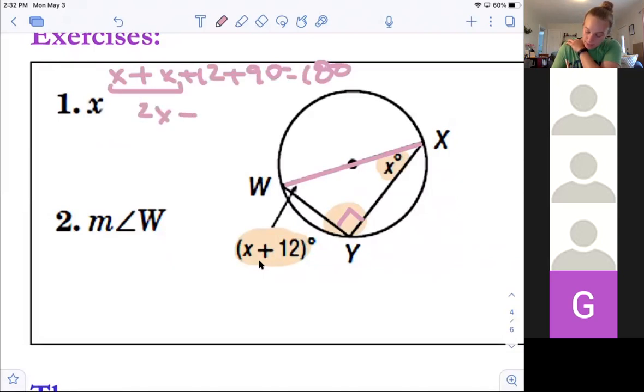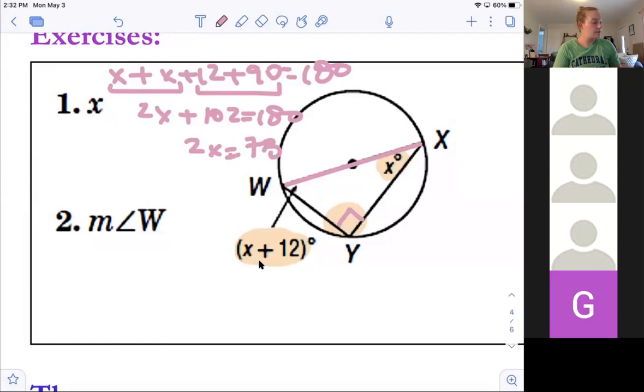X plus x is 2x, 12 plus 90 is 102. 180 minus 102 is going to be 78. Then I divide by 2, and I get x equals 39.